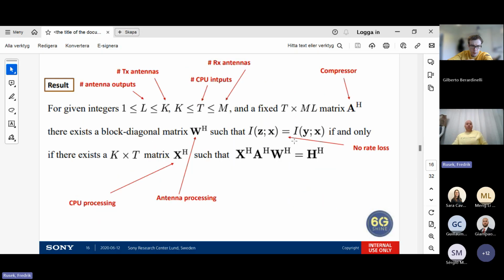Then we have the result here. It is a little bit cluttered. I have a cleaner form soon, but I chose to have it like this.